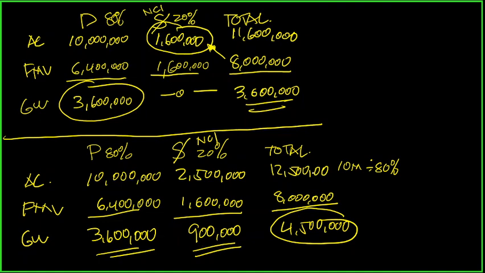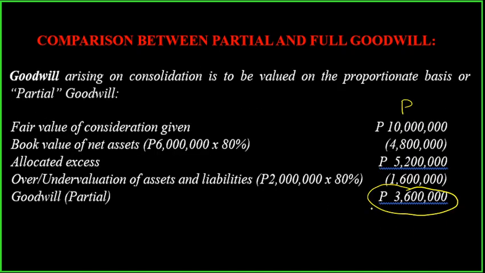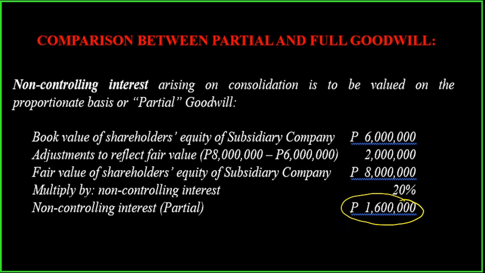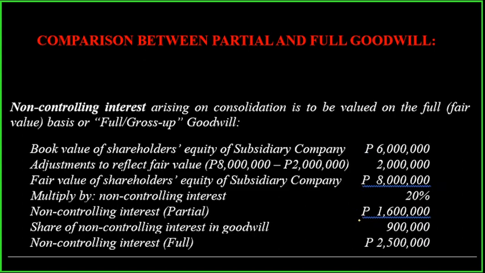Let's go back. That's your partial goodwill. This is the NCI under partial goodwill. Under full goodwill, that's your full goodwill, and the NCI at 2.5.